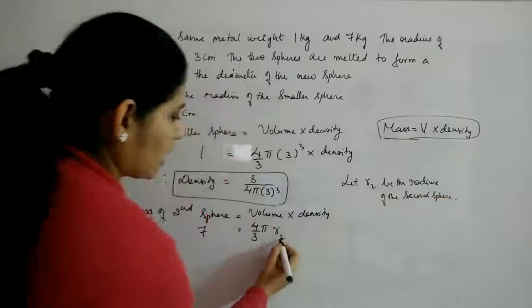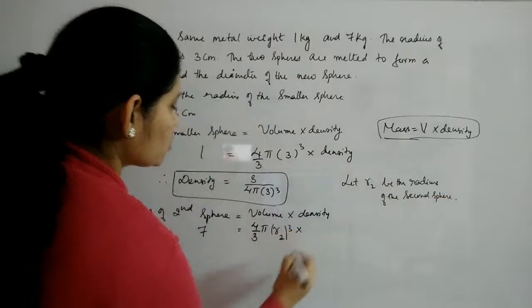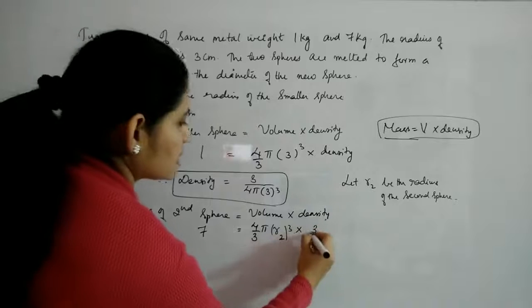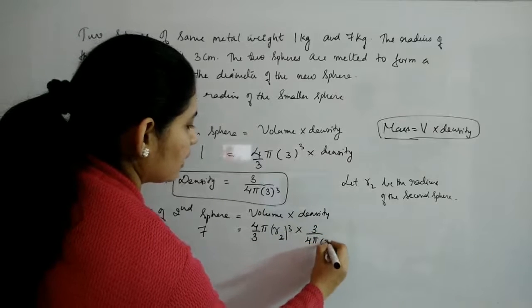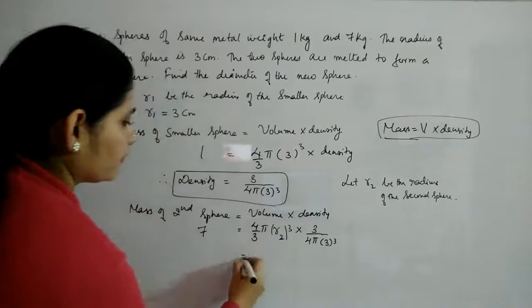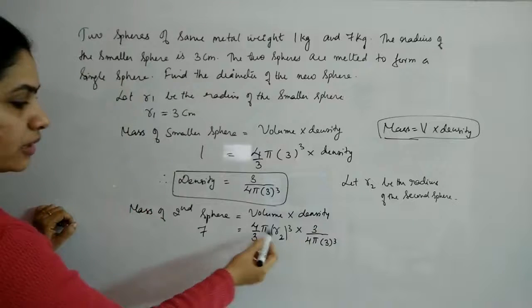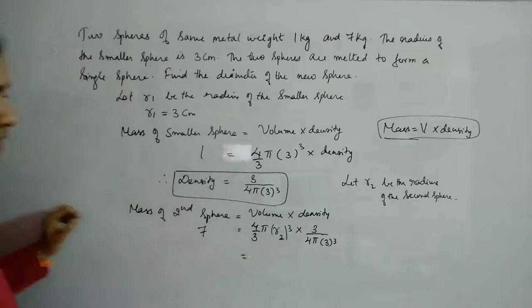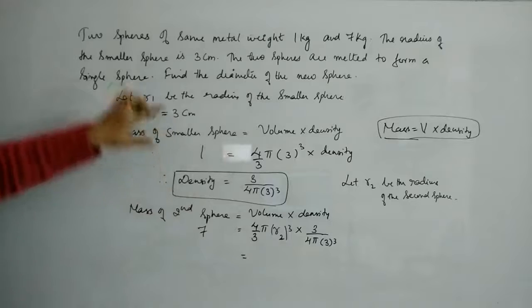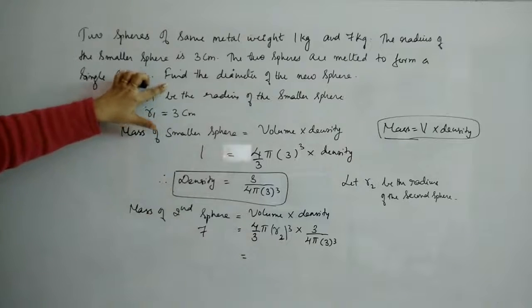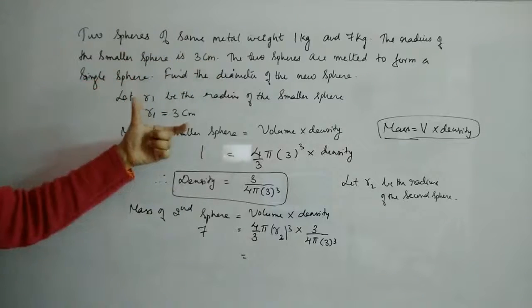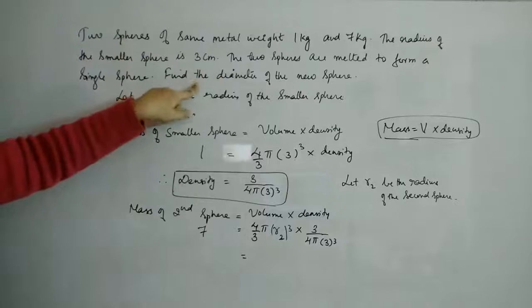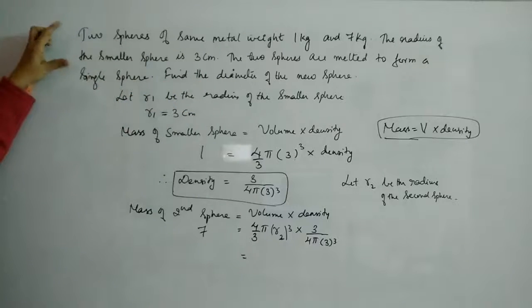So that I can write here R2 cube into the density which you got. Density is 3 by 4 pi into 3 cube. Right? Now you can find out what is R2 cube. R2 cube will help you to find out the diameter of the new one, because when the spheres are melted, the volume of the new one will be same as the volume of the sum of the two, right?